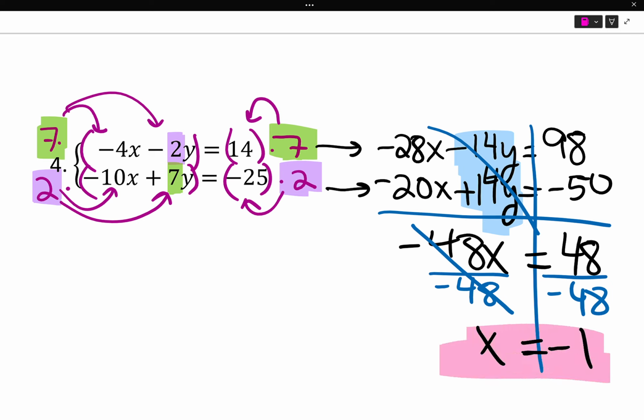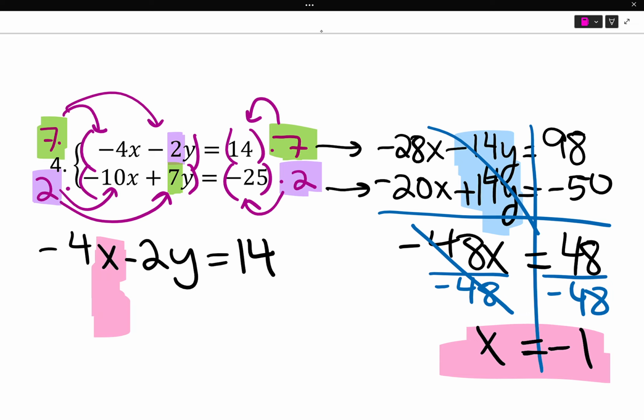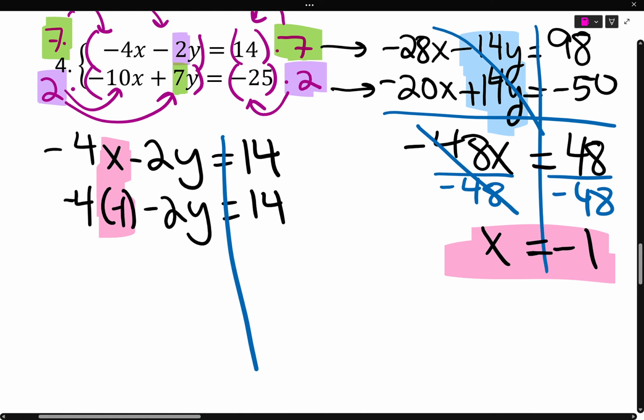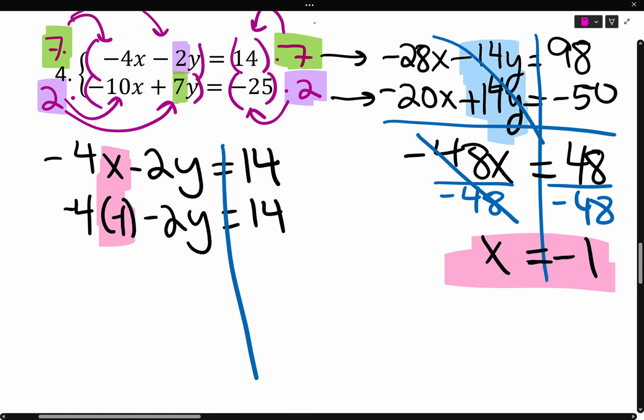Now let's plug it into, what do I feel like? The first equation. Yeah, I feel like the first equation. There's no real reason, I just like how it looks today. Maybe if I made this video yesterday, I would have chosen the second equation. All right, so I'm plugging in that negative 1. 4 times negative 4 times negative 1 is positive 4.